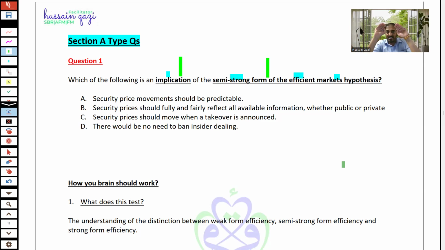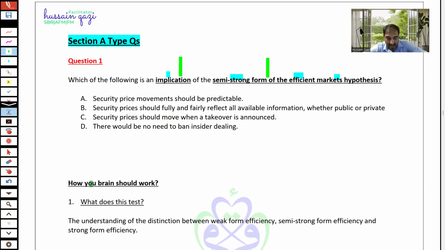Number one, which of the following is an implication of semi-strong form efficiency? You need to choose any one here. You have read market efficiency, and this is about semi-strong form efficiency. Identify the options one by one.